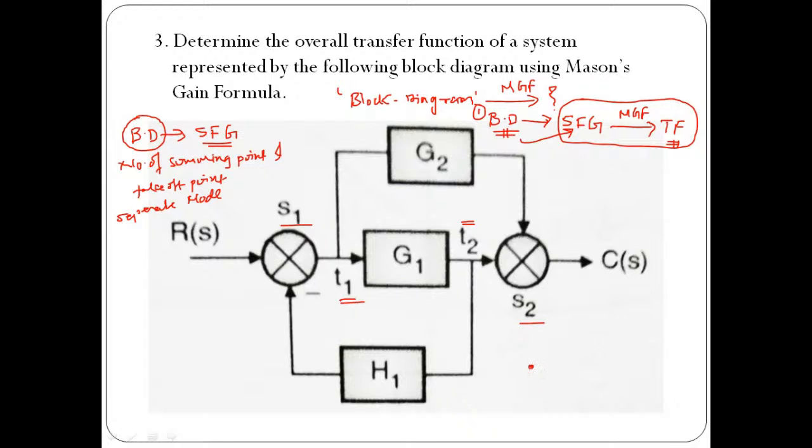So let us consider that this will be the node for the summing point. Then this will be the node for the first takeoff point, then this will be the node for the second takeoff point, and this will be the node for the second summing point. And then corresponding to that, the reference input signal and the controlled output signal are also indicated by nodes.